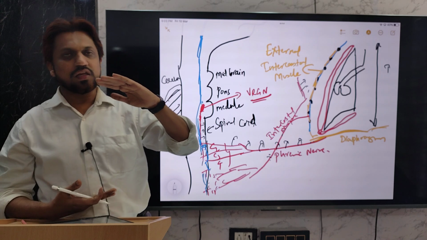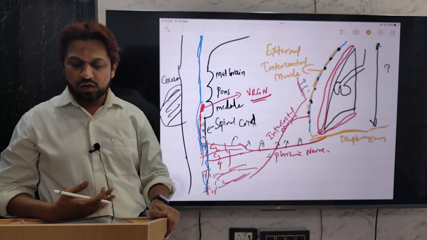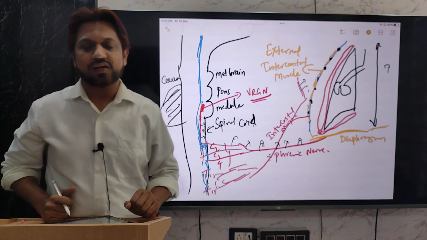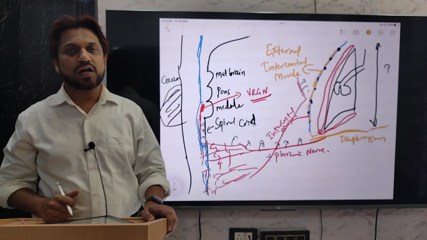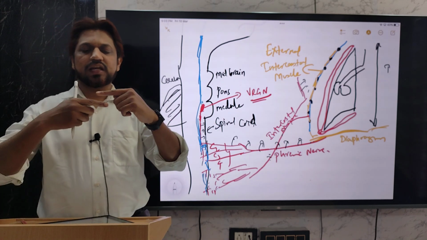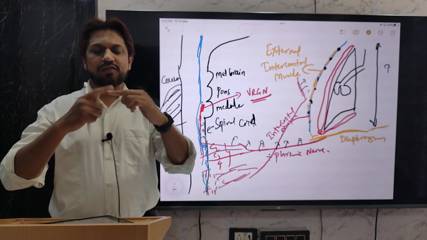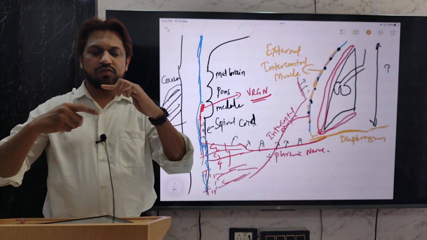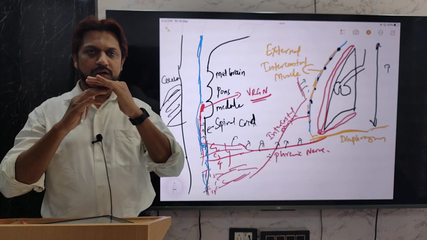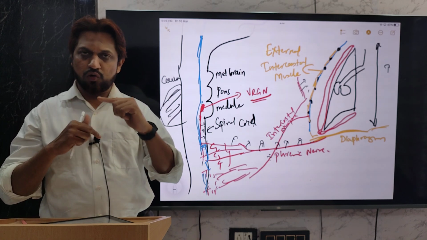Now one thing is increase in the vertical diameter. Now what happens when the external intercostal muscles contract? You know the external intercostal muscles usually connect between two ribs. Imagine this is the second rib, this is the third rib, they connect these two ribs. The origin is from the upper rib and the insertion is in the lower rib.